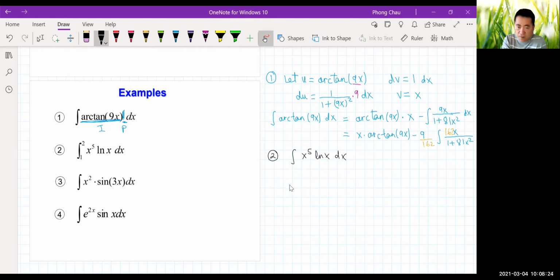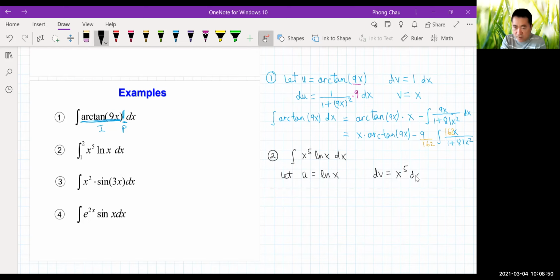So again, this will be integration by parts. We have two functions, a polynomial and the log. When I see the natural log, then your u has to be the natural log. It's the first choice for you, always, okay? So if u is natural log of x, then dv has to be x to the fifth.